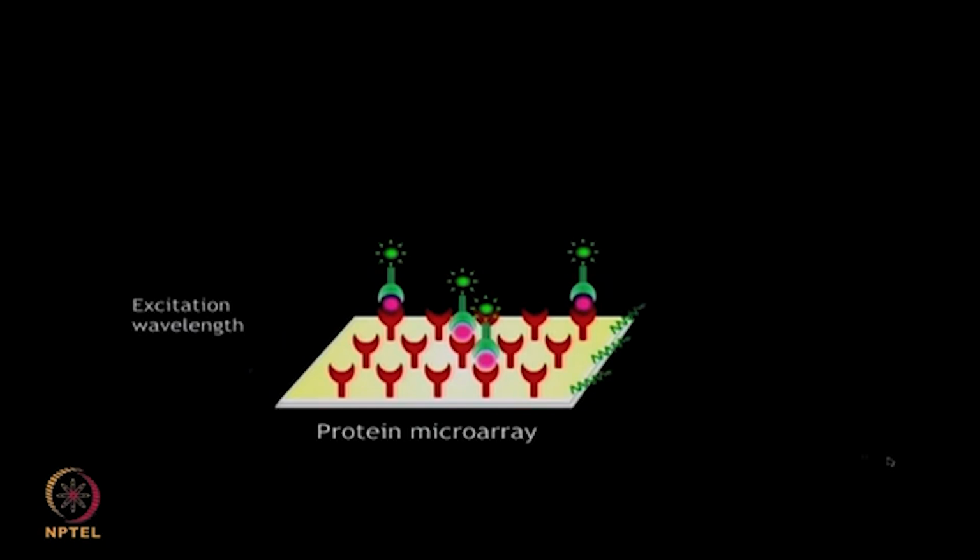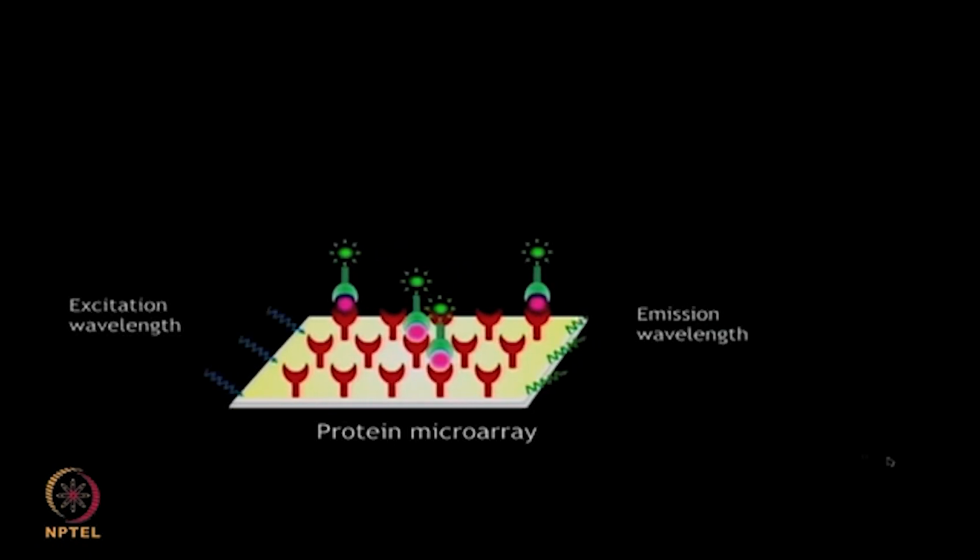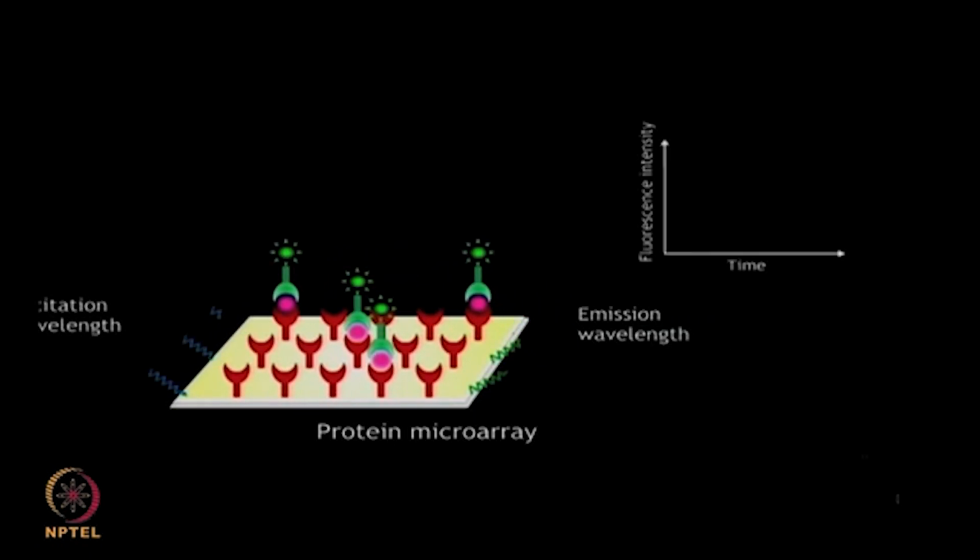The excess unbound secondary antibody is washed off and the fluorescence measured by exciting the array with light of suitable wavelength. The resulting emission is measured using a microarray scanner and can be used to quantify the corresponding antigen antibody interaction.